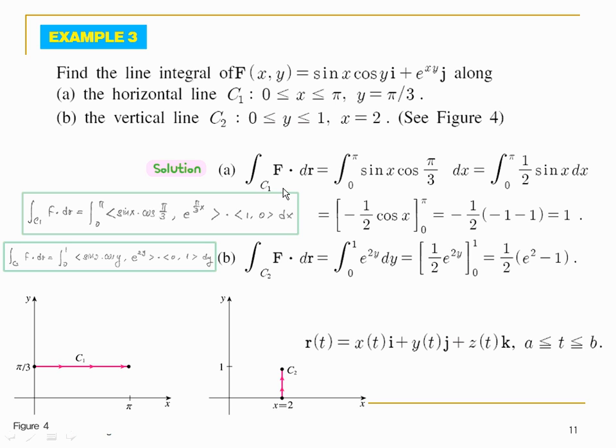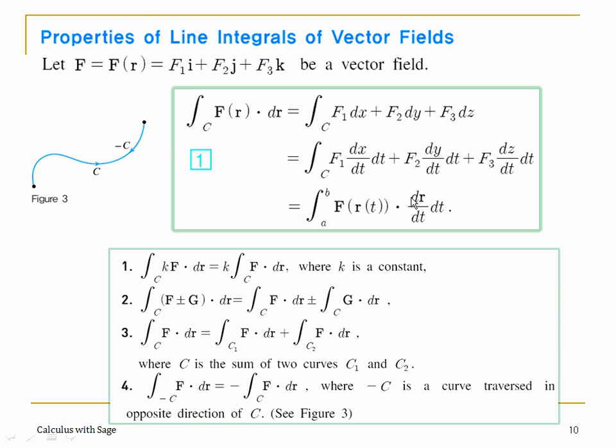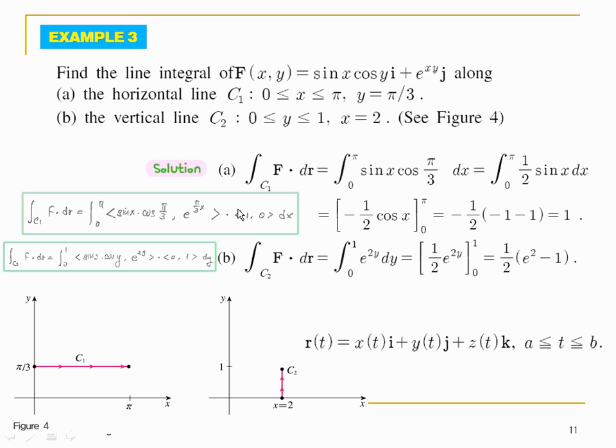We are looking for the integral of f · dr on C1. On this problem, C1 goes from here to here. This f times dr can be written as a dot product of this vector function with the displacement vector.